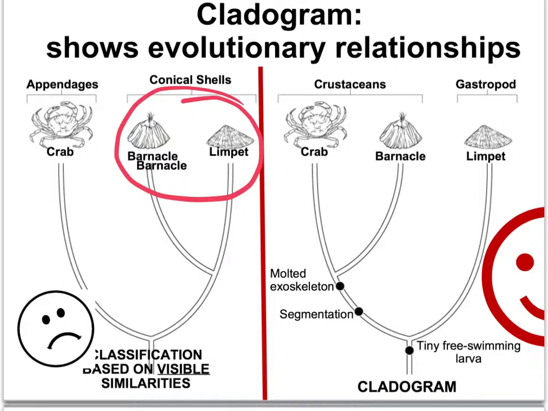But actually, barnacles are crustaceans like crabs. So the correct way to classify the barnacle, the crab, and the limpet is to show the evolutionary relationship between the crab and the barnacle. And limpets are gastropods, so they're off in a category on their own.